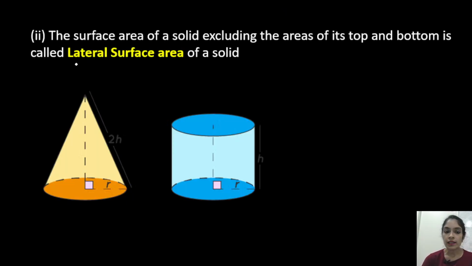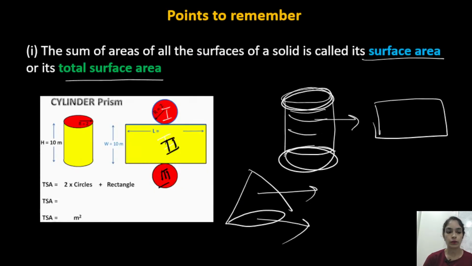Then what is the lateral surface area? See, lateral surface area is only that surface area which is the curved part, excluding the top and bottom. In easy words, the surface area which doesn't include top as well as bottom area. Like suppose here we have cylinder. Cylinder has three surfaces: 1, 2, 3.